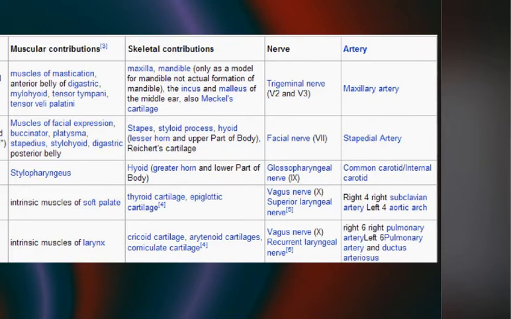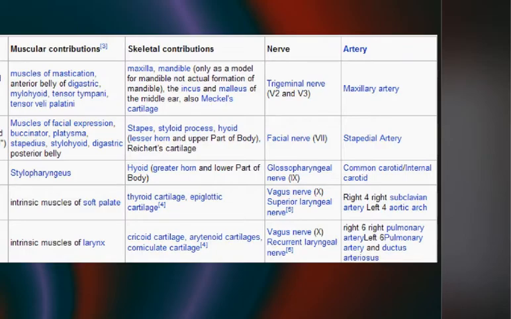the premaxilla is derived from the medial nasal process. The rest of the upper jaw, which carries the canine, premolars and molars, so the canine plus posterior teeth, is derived from the maxillary process.